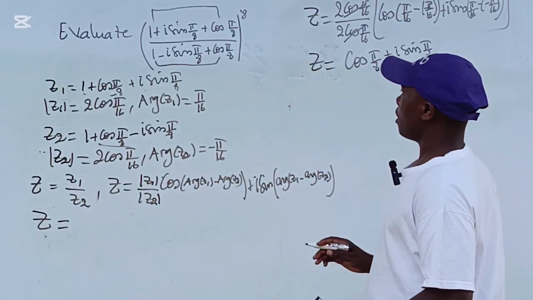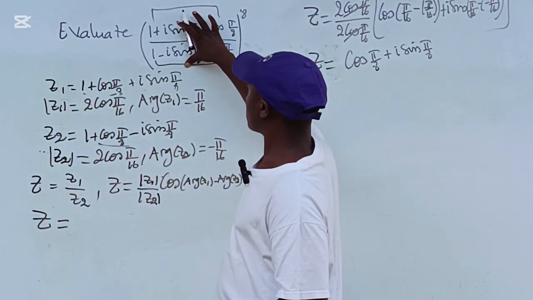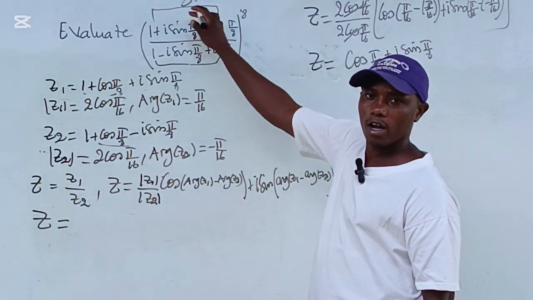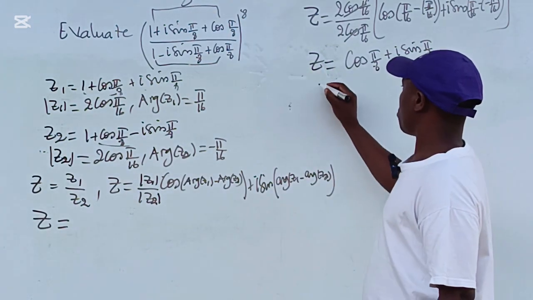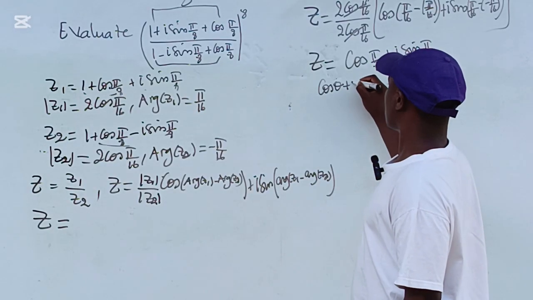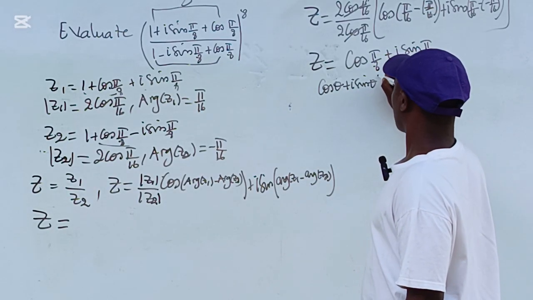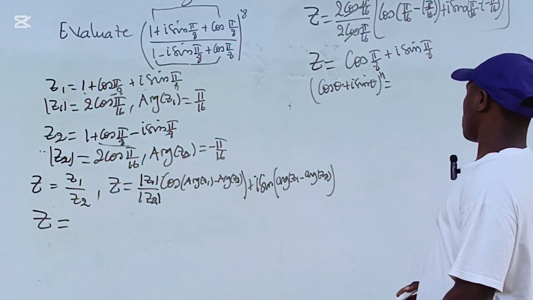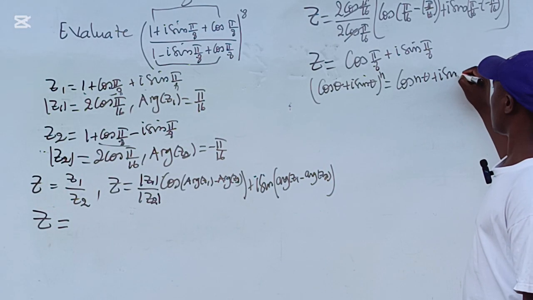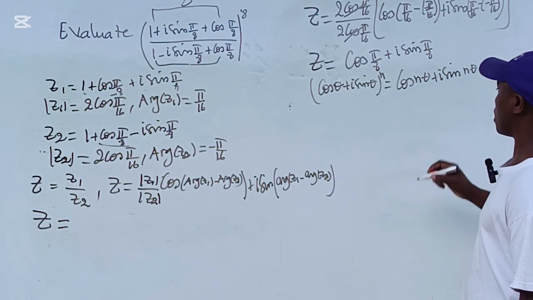So because all this stuff is assumed to be z, we need to find z power 8. From DeMoivre's theorem, we know that cosine theta plus I sine theta, power n, is cosine n times theta plus I times sine n times theta.